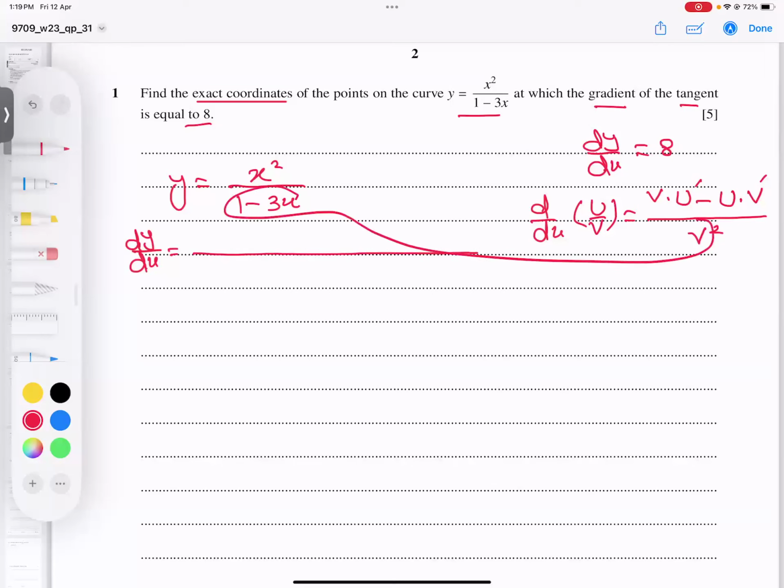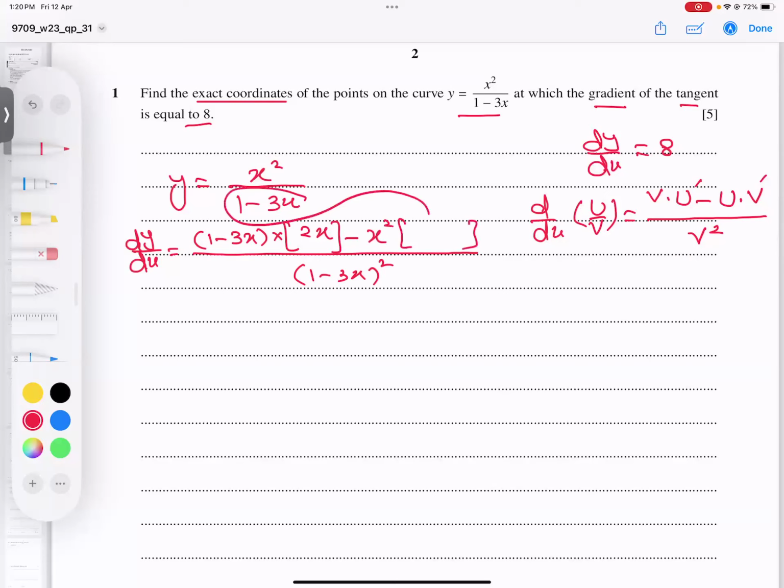So the square of the denominator, which is squared, I will copy into the derivative of the numerator, which is 2x, negative sign always, and now the opposite: x squared copy into the derivative of the denominator. So 1 has a derivative of 0, negative 3x becomes negative 3. After this working, we will simplify.